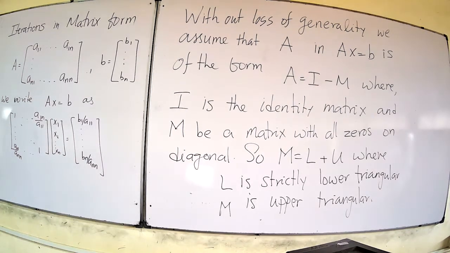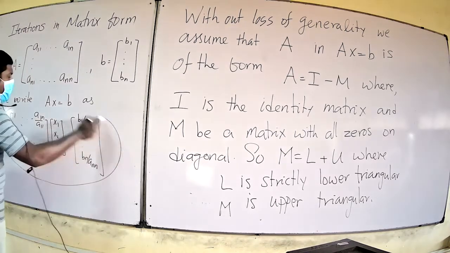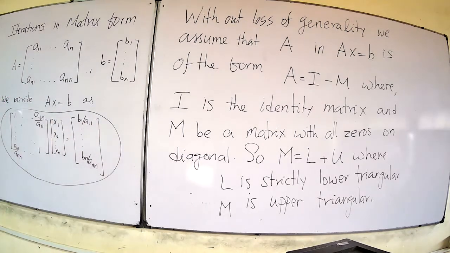After doing that, let us say that is our Ax equal to b. Even though the given Ax equal to b is like this, we can always do up to this point without any problem. We can interchange the rows, divide by the diagonal, and make the diagonal 1.